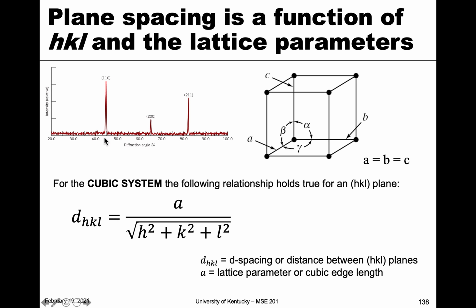So from a peak, we'll get an angle, and from Bragg's law, that will give us the d-spacing. And then from there, we can determine the lattice parameter. That's the power, and that's how we determine crystal structure: we use this information from diffraction to determine the shape and the size of a lattice.